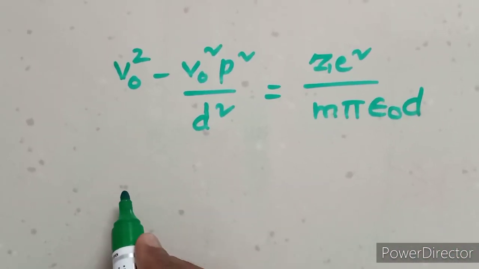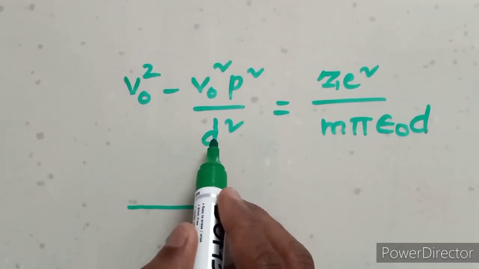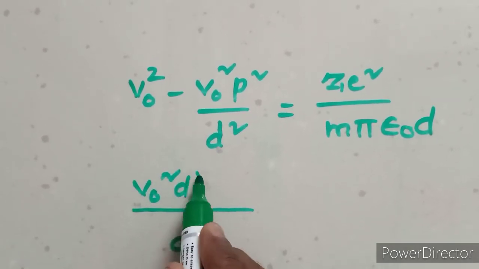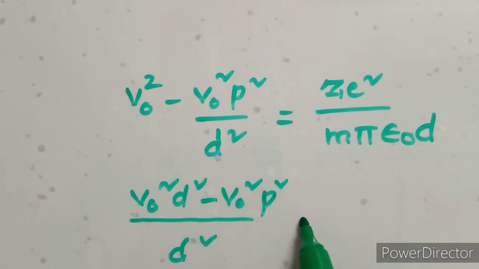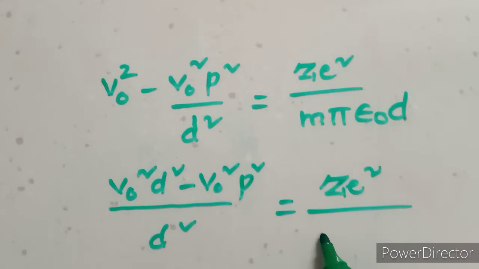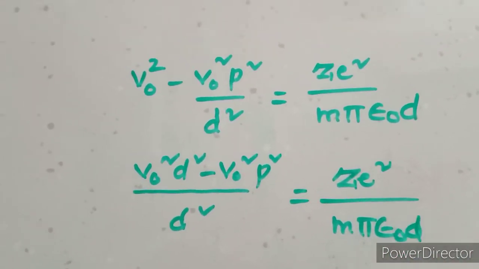Here the LCM is d square. Then v naught square d square minus v naught square p square equals Ze square upon m pi epsilon naught d.